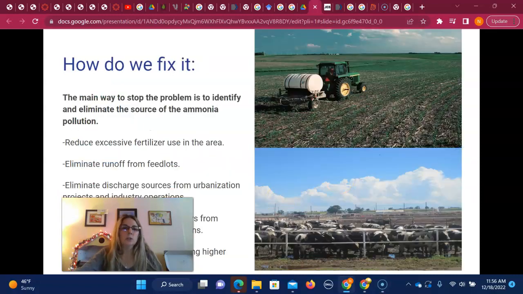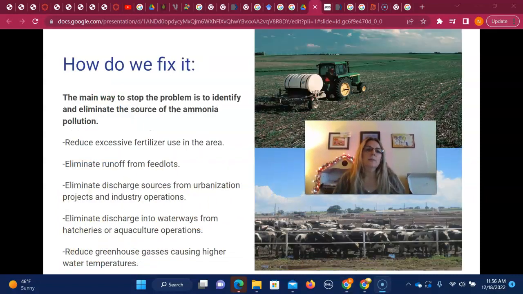What we can do and how we fix it is to stop the problem by identifying and eliminating the source of the ammonia pollution. So reducing excessive fertilizers, eliminating runoff from feedlots, eliminating discharge sources from urbanization products and industry operations, eliminating discharge into waterways from hatcheries or aquaculture operations, and reducing greenhouse gases causing higher water temperatures.